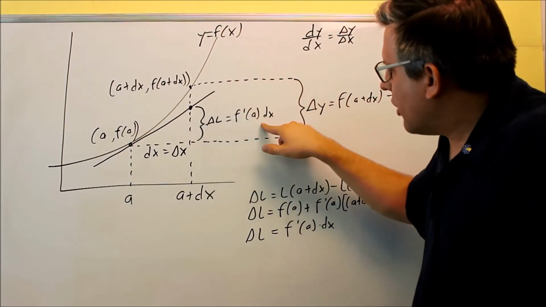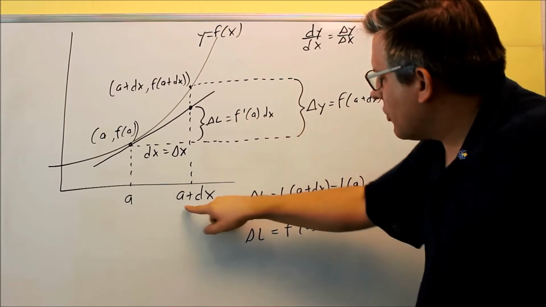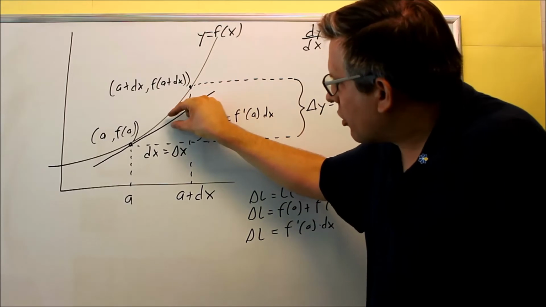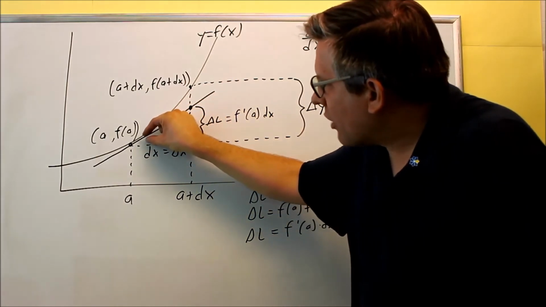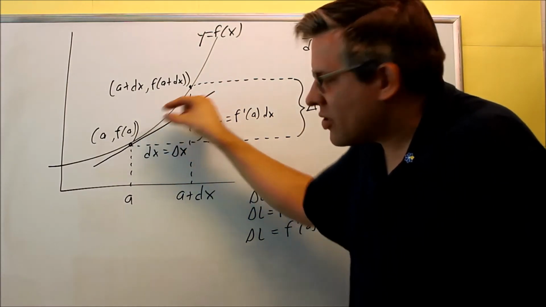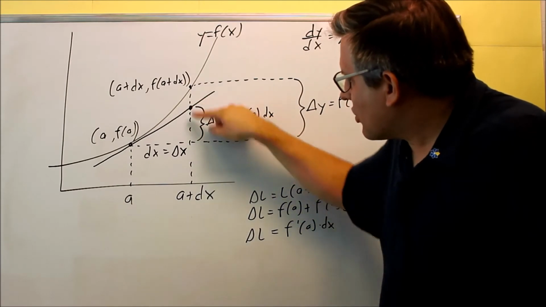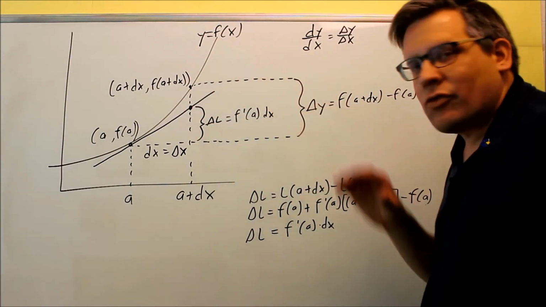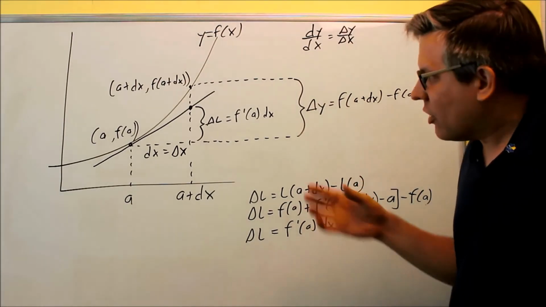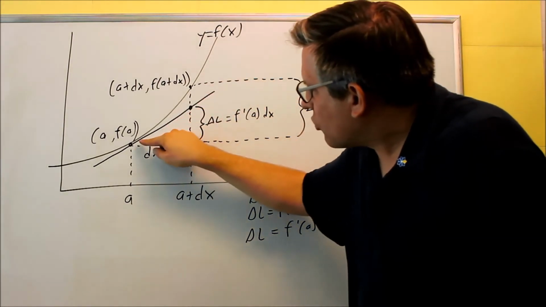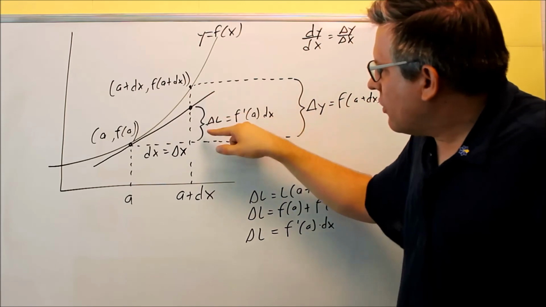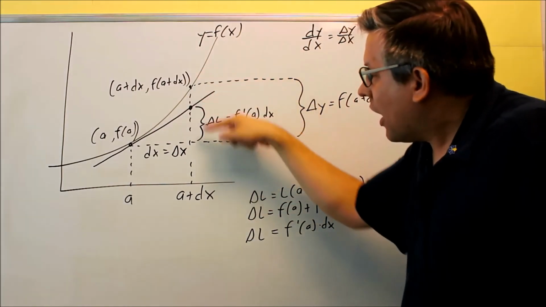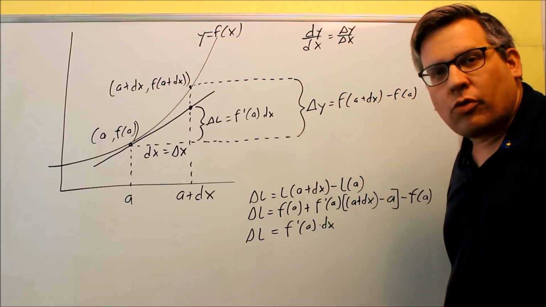If this dx is small enough, we're going to get closer and closer, and if you bring that dx all the way down to here, you're going to find that this distance and that distance are going to be very, very close. So remember, this drawing is a blown up version of it. Ideally, you would have these points right next to each other, and that's why we can use a linearization to estimate the actual value on the curve itself. That's pictorially what's happening here.